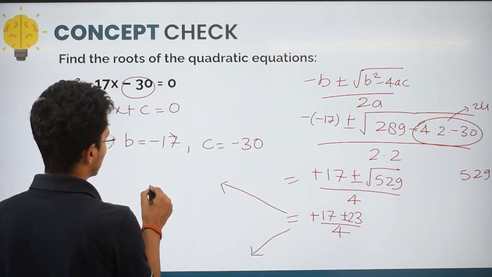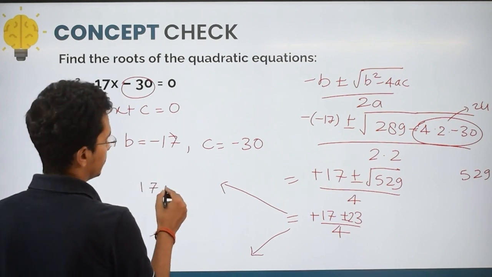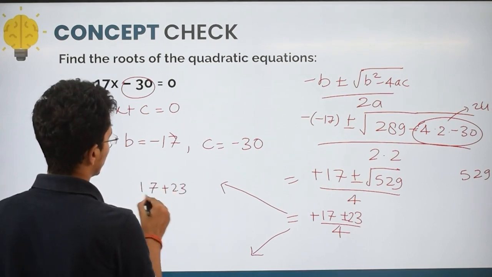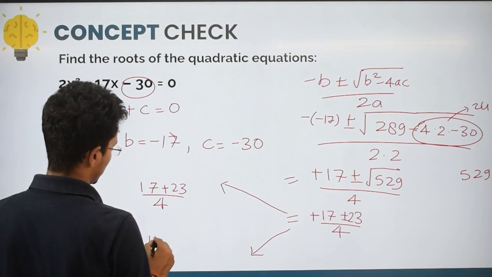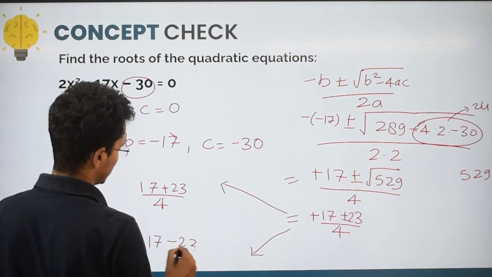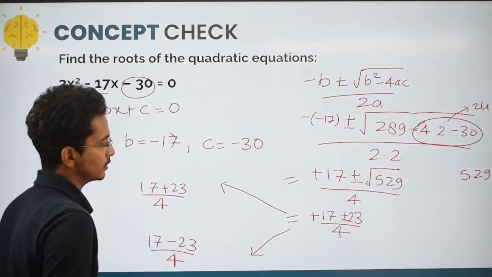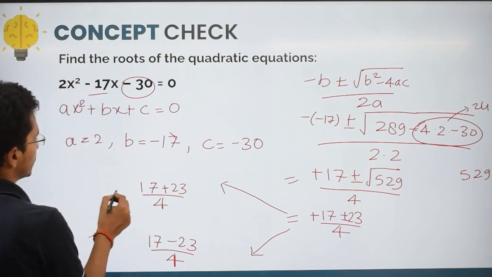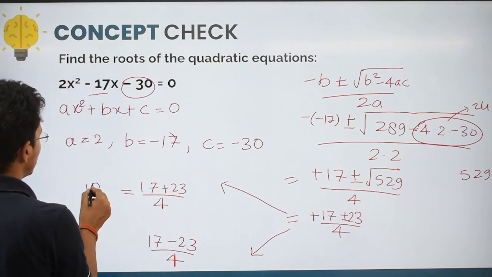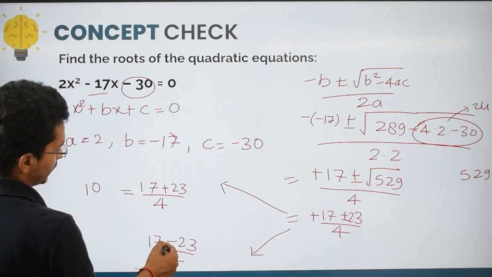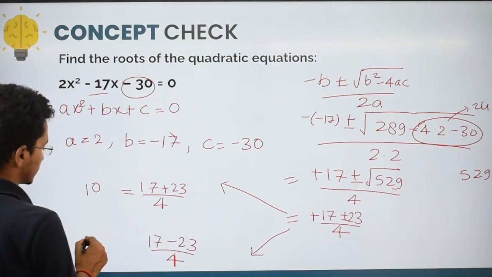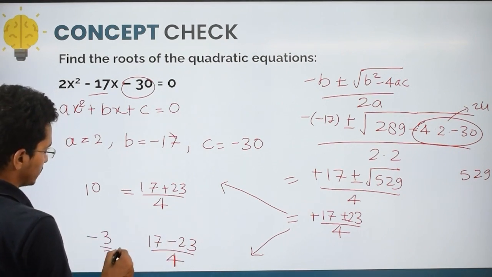So you will get 17 plus 23 upon 4. The second root will be plus 17 minus 23 upon 4 over here, right? 17 plus 23, it will become 40 upon 4, it is 10. And if you will solve that, 17 minus 23 is minus 6 by 4, it is minus 3 by 2.